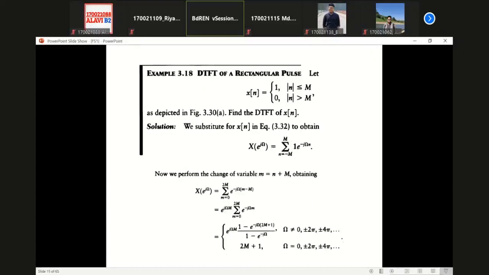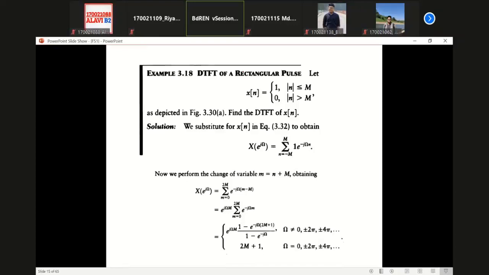Okay, consider this signal. Your signal x[n] is equal to 1 for magnitude of n less than or equal to M, and it is 0 for magnitude of n greater than M. Can you imagine what is the shape of this signal?